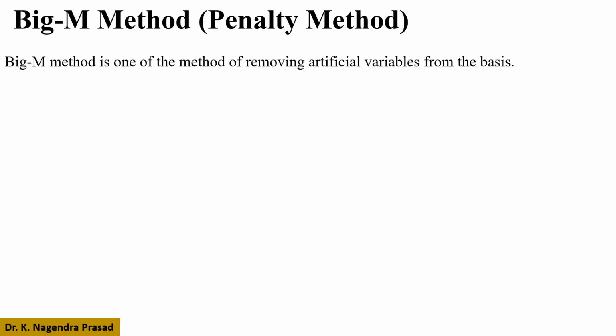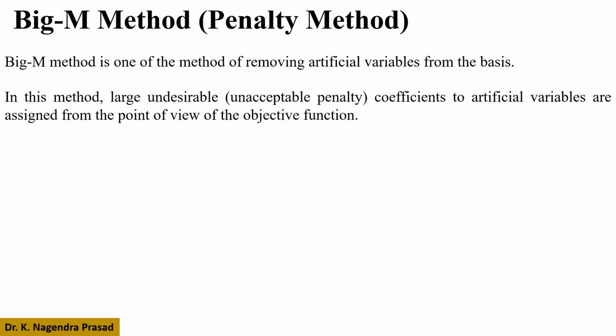In the present lecture, we will discuss the procedure to remove an artificial variable by the Big M method. The Big M method is one of the methods of removing artificial variables from the basis.